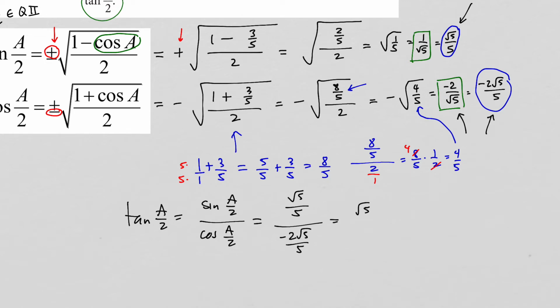And then if we multiply by the reciprocal, you can see that the radical 5s cancel out, and 5 goes into 5 one time here. And do keep in mind that there is still a 1 in the numerator. And so we have 1 over negative 2, which is negative 1/2.